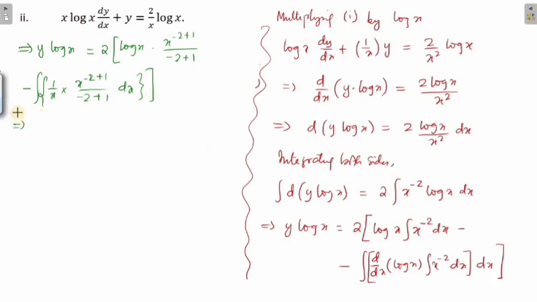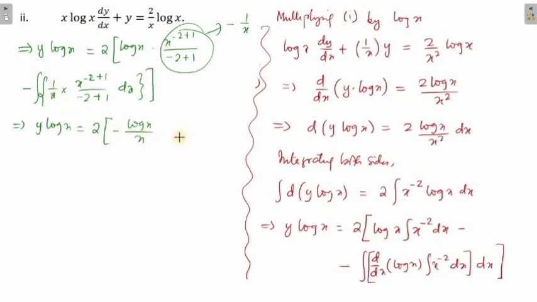So from here we have y log x is equals to 2 times, so this is how much? When you simplify this, this becomes minus 1 by x. So I can write this as minus log x by x.